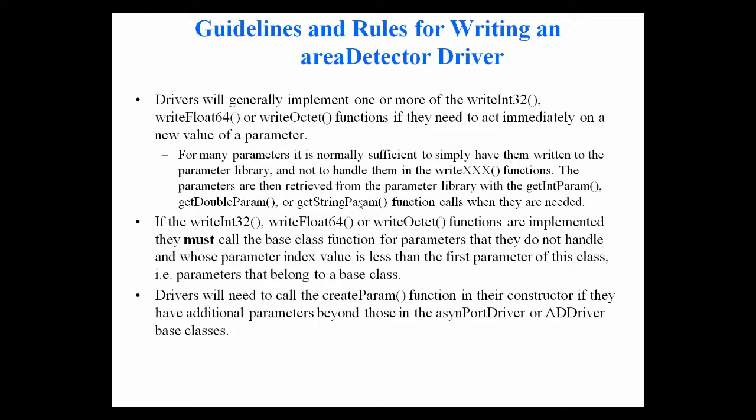The reason was that its write octet method didn't call the base class method. So the port that you wanted to use was getting put into the parameter library, but it turns out that the base class needs to immediately act upon that, and the base class was never being called. Those are the kinds of problems you get into if you forget to do that.